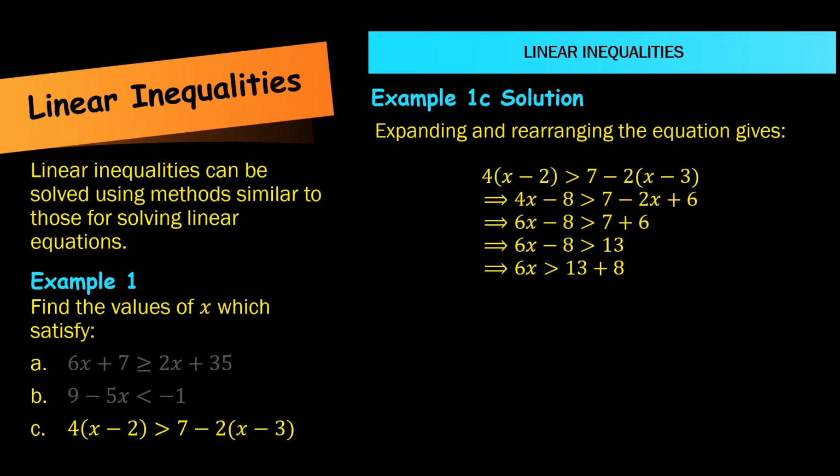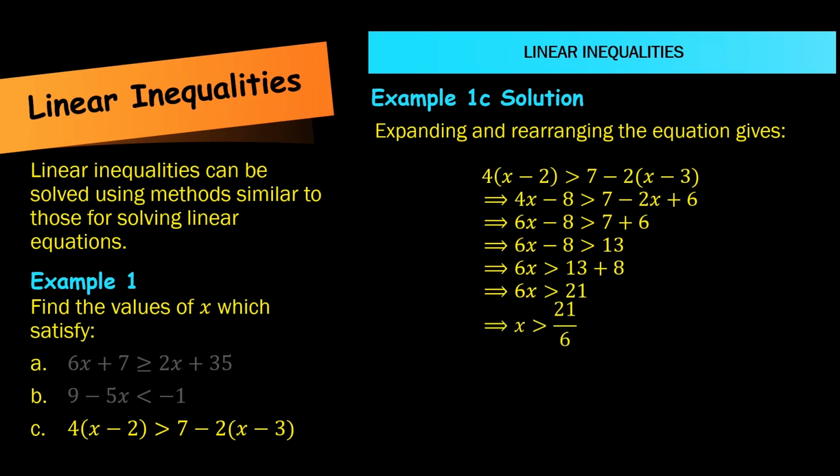Now we take the 8 over to the other side, or add 8 to both sides, giving us 13 plus 8 on one side, and the 8 on the other disappears. So we're left with 6x is greater than 13 plus 8, which becomes 21.